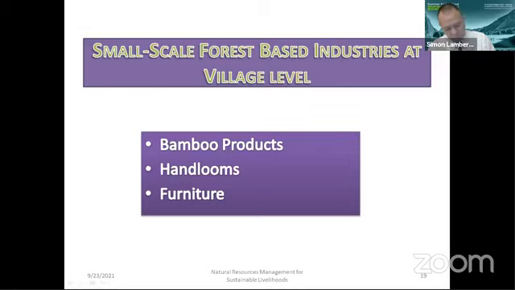That can be done because there are many forest resources that are unused because they are inaccessible. They can be made accessible and used for products, for handlooms, and for furniture also. Because there are some forest types that are economically very viable, we can do it.